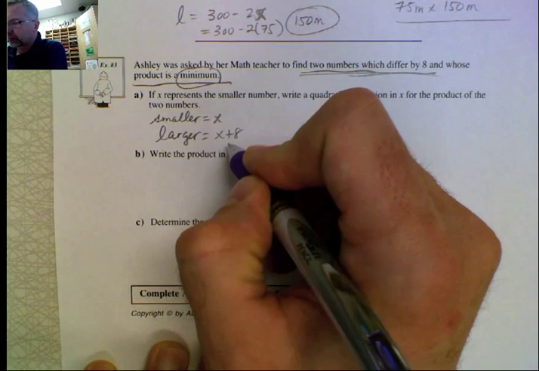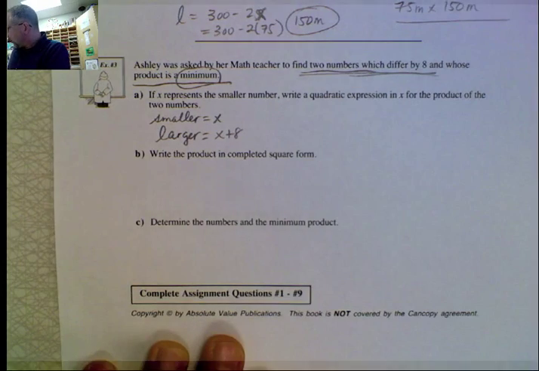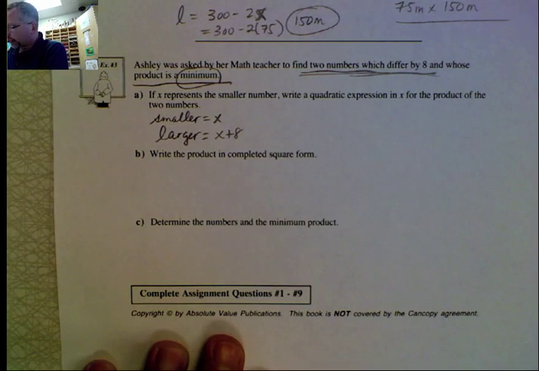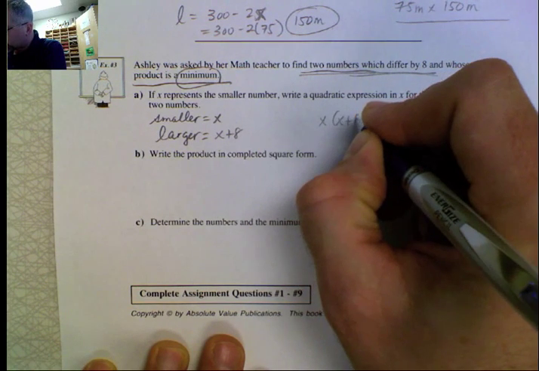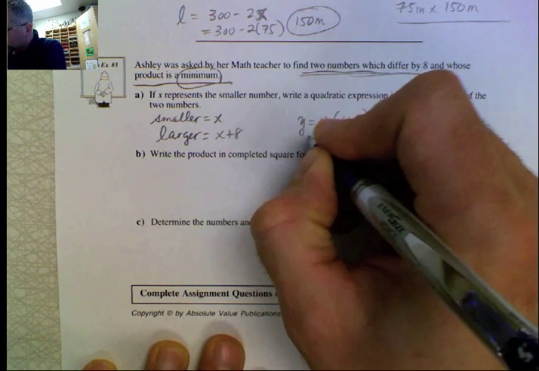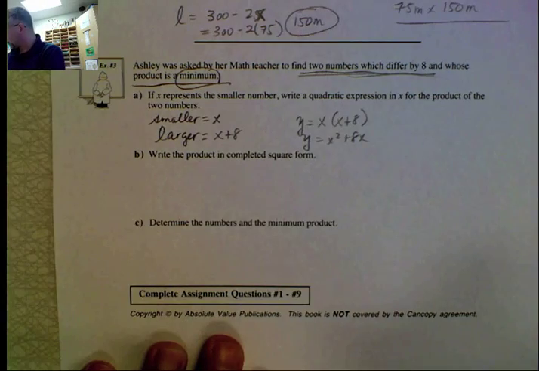If I take the product of these two numbers, x times x plus 8 gives me x squared plus 8x as my quadratic function.